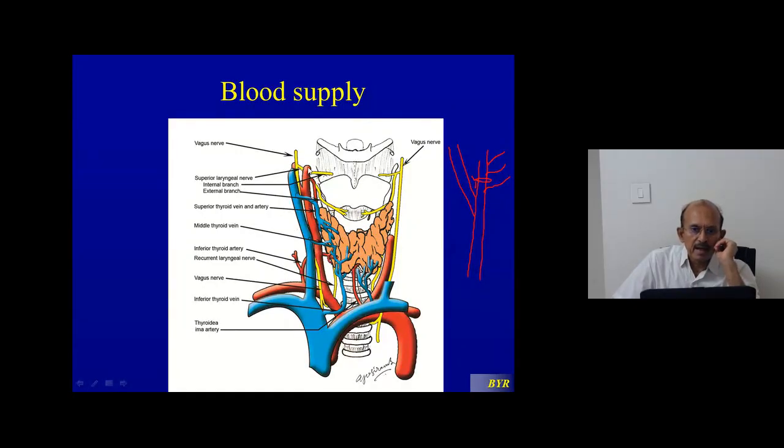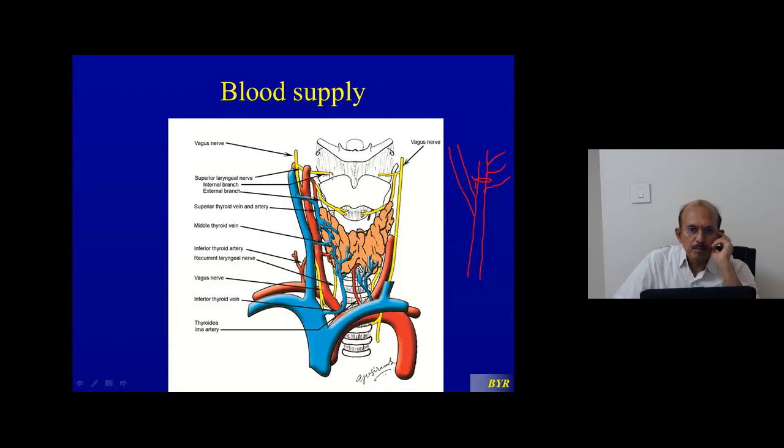It goes behind the external carotid artery and divides into two branches. The internal laryngeal nerve and the external laryngeal nerve. The main trunk is the superior laryngeal nerve. So it has an internal branch and an external branch.